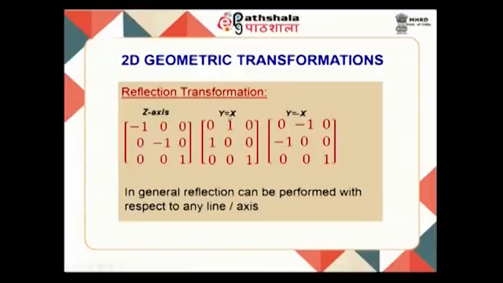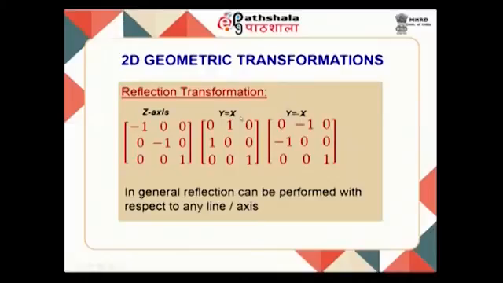And you can also now imagine a direction like y is equal to x, about which if you want to perform reflection, the matrix that represents y is equal to x reflection is 0 1 0, 1 0 0, 0 0 1, because about the line y is equal to x, if you perform reflection, x dashed becomes equal to y and y dashed becomes equal to x. So, that is why we have this matrix.